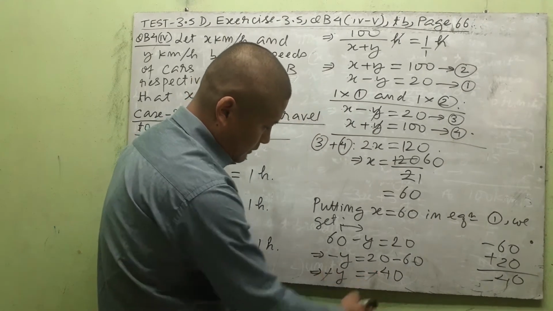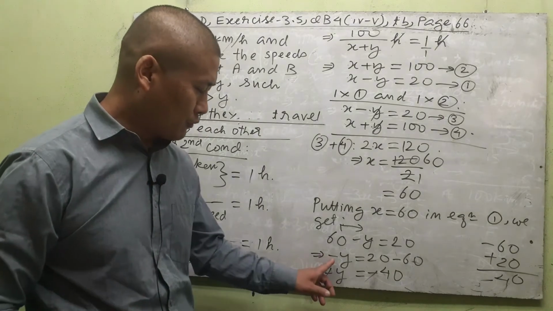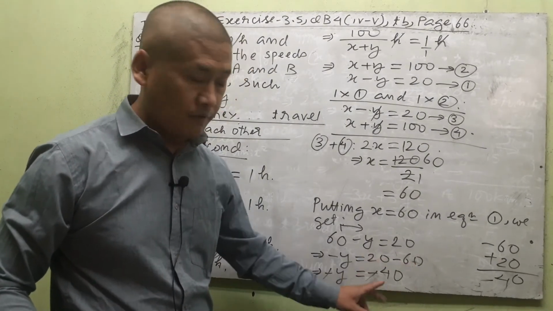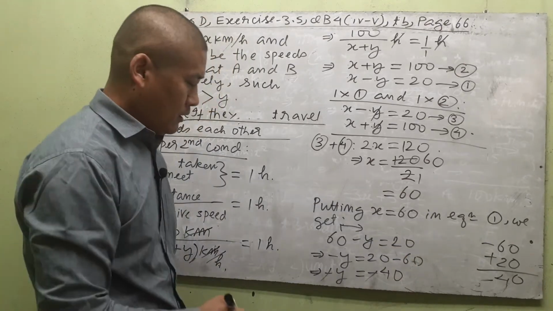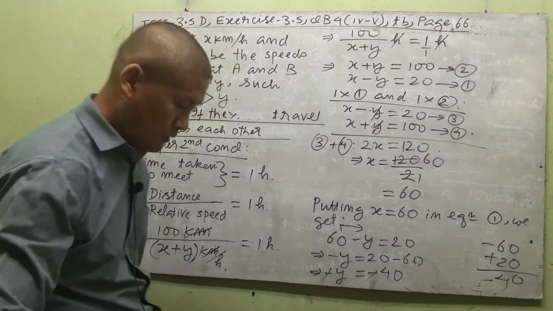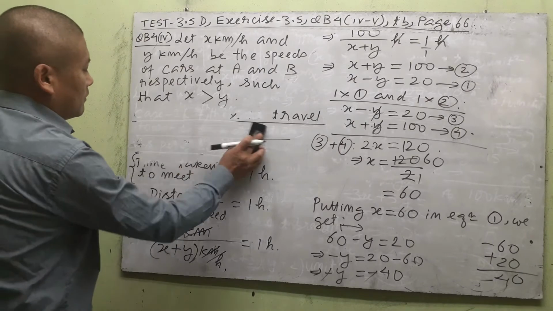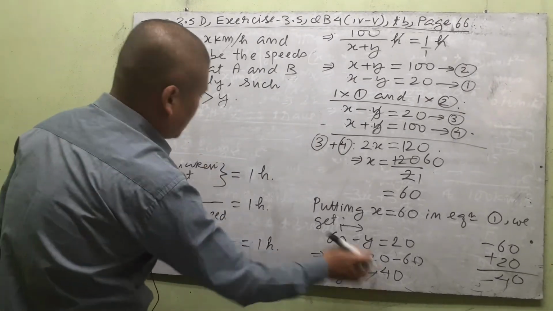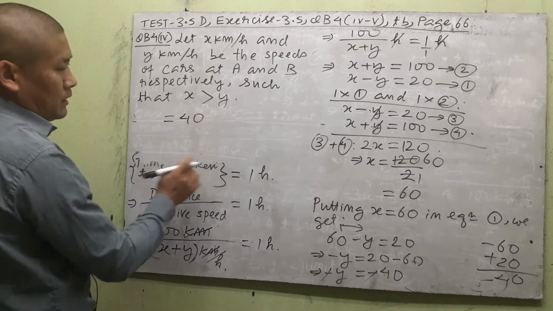Now we can cancel this minus and minus. Earlier we shouldn't cancel minus and minus because they had not yet been simplified or subtracted. So we're getting y equal to plus 40 and x is 60.